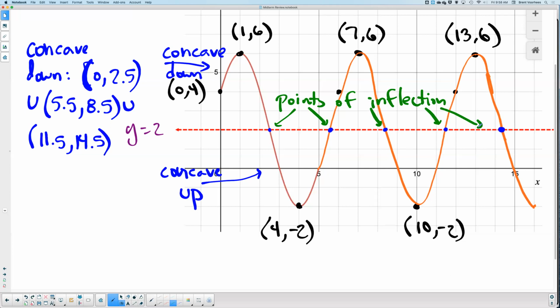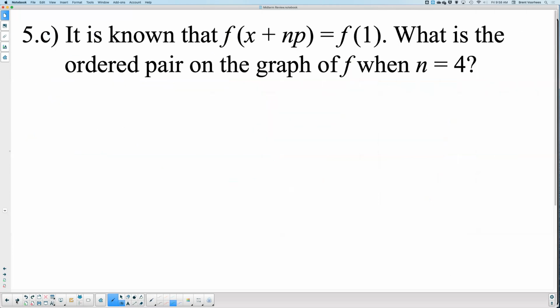All right, I told you I have part C on this. Are we there yet? No, we're not. It says it is known that f of x plus np equals f of x. What in the world are we saying? We found p earlier. P was our period. What was our period earlier? 6.